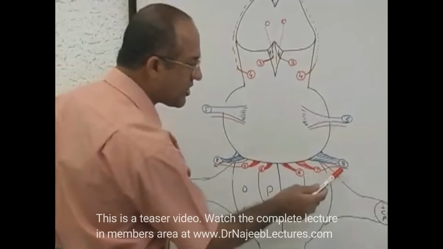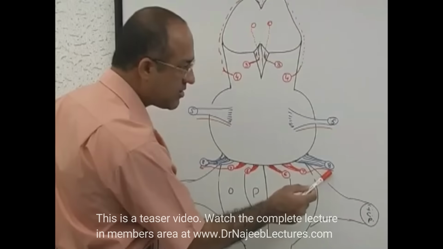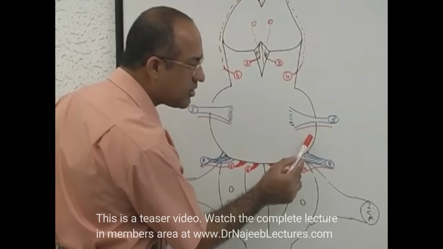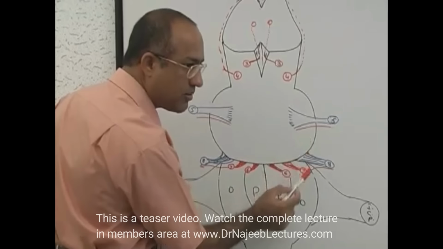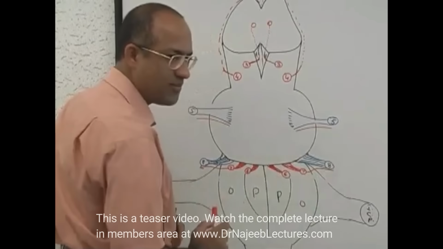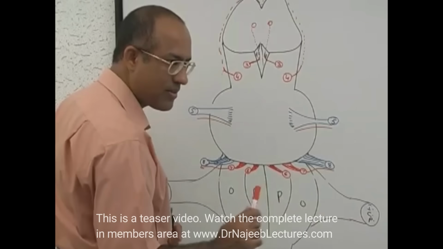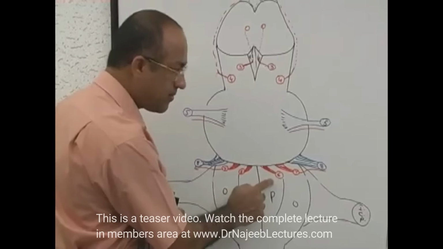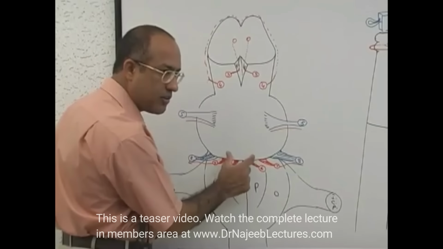So if a combination of 7th and 8th is affected, it means there is some tumor or some problem at the junction of pons and medulla, but on the lateral side. Am I clear? If 6th and 7th suffer, there is a problem at the pons and medulla, but on the medial side.